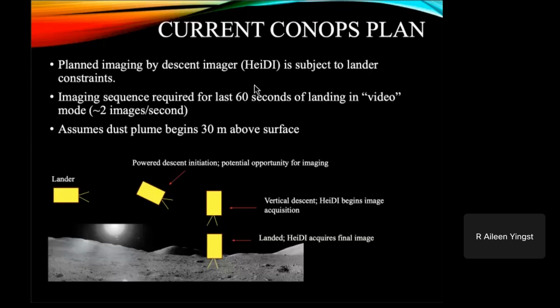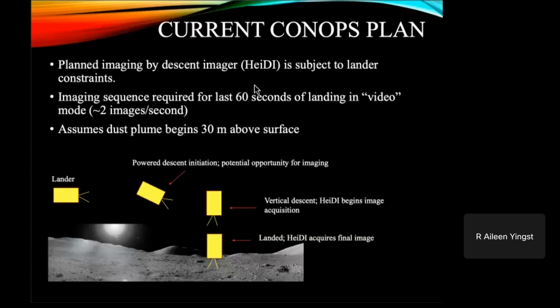The idea is you have a lander, you have powered descent initiation, and this is actually a potential opportunity for our descent imager to start imaging. You have vertical descent, and that is the go, no-go for us to start imaging, and then we acquire our final image after landing.